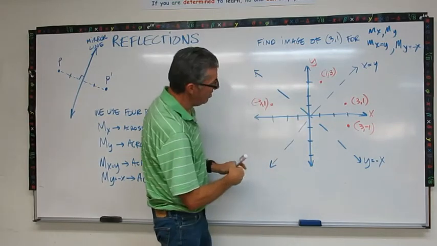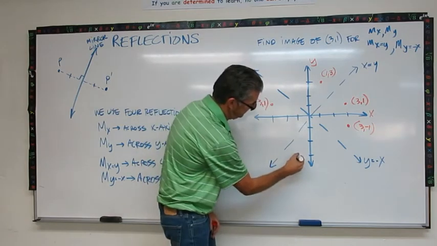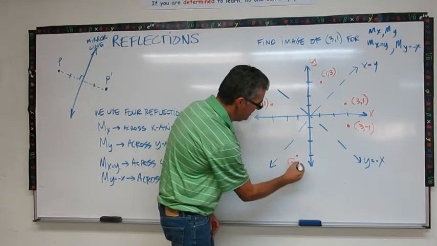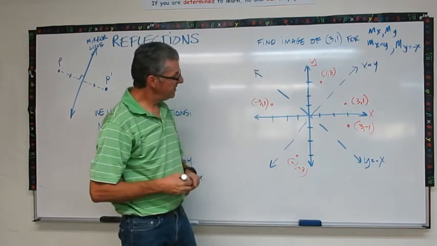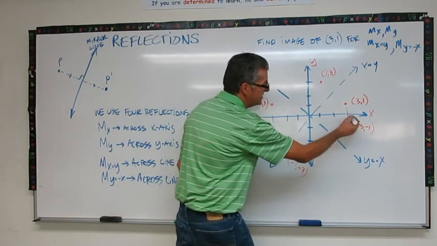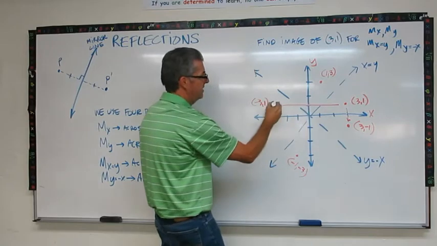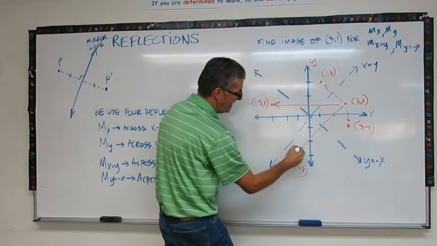So now we're going to go down 3 and 1 over. And this is going to be negative 1, negative 3. Okay? So those are the 4 reflections, and you can kind of see they do reflect across their lines. Like that, and then finally like that.